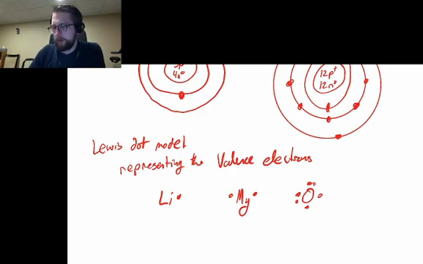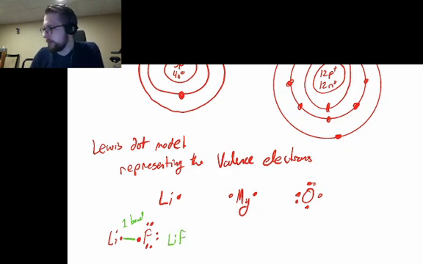So for example, lithium and fluorine: fluorine has 1 electron here, and lithium has 1 electron. So we can think about this as forming a one bond in lithium fluoride. If we take our magnesium and our oxygen, we can take the idea that oxygen also has 1, 2, 3, 4.